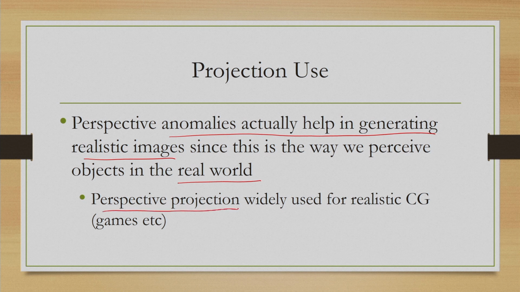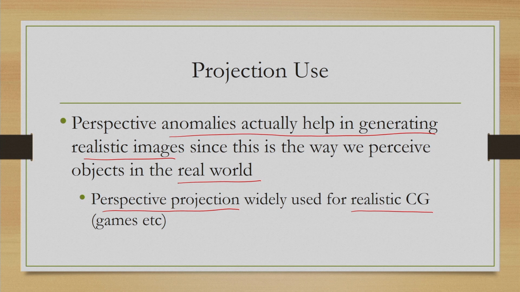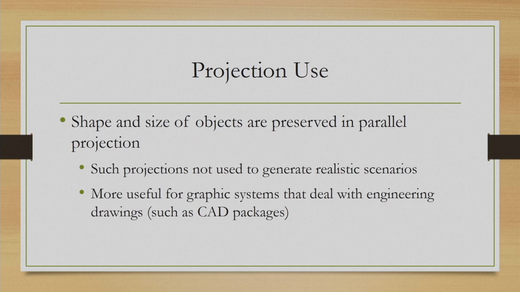So, perspective projection can be used for realistic computer graphics. For example, in games or animations, we can use perspective projection. Wherever we require 3D realistic scenes to be generated, we should use perspective projection.